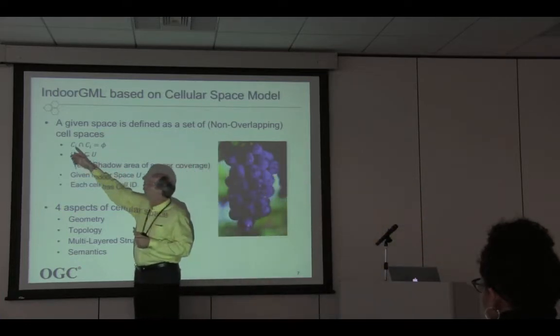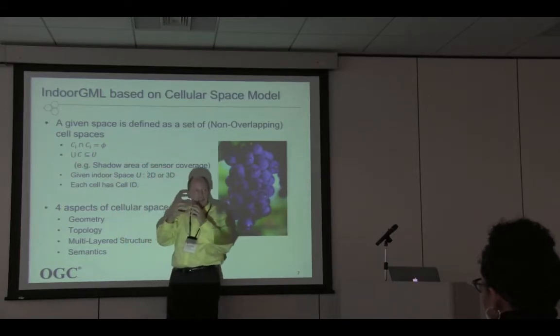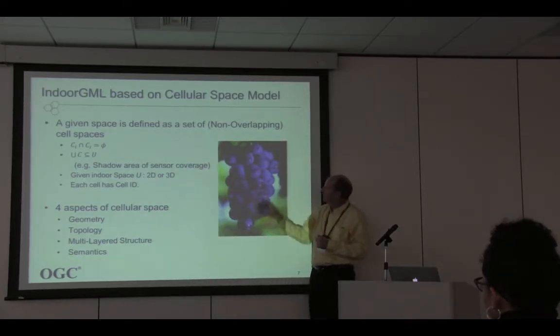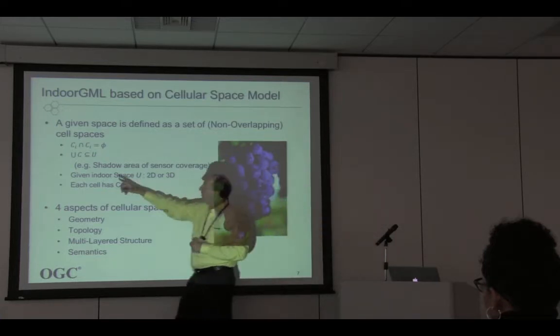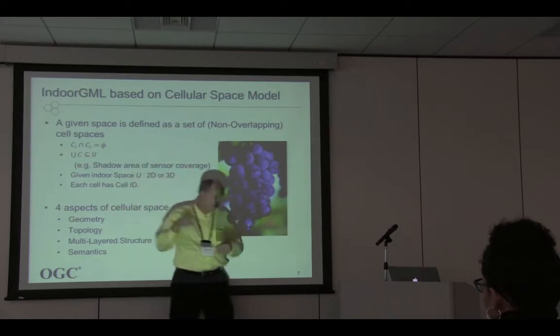So any one cell, this is the ith cell and the jth cell, whatever, and they don't intersect. So these are all separate. There's no space inside of this bunch that is included in this cell and that cell. So they're definitely distinct, discrete cells. And the other thing is that if you take the union of all the cells, you get the universe of space that you care about.